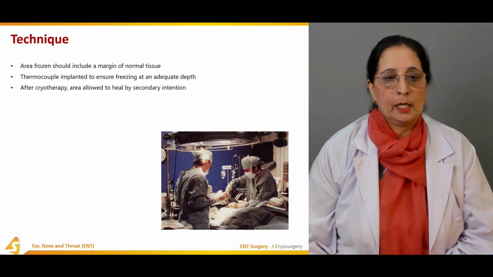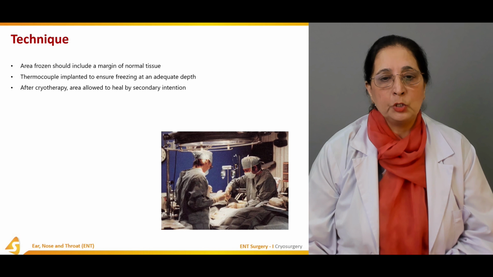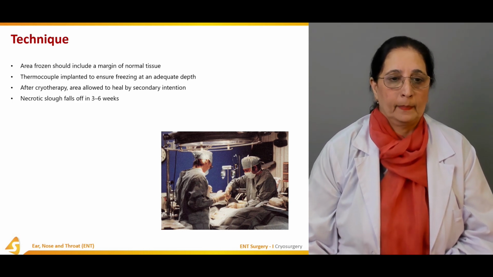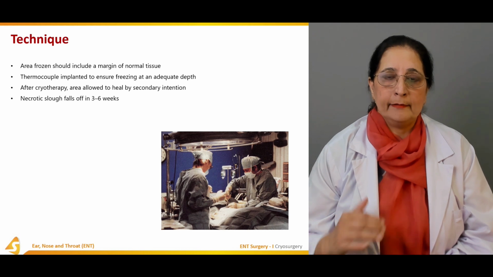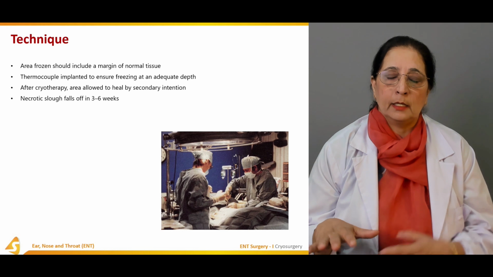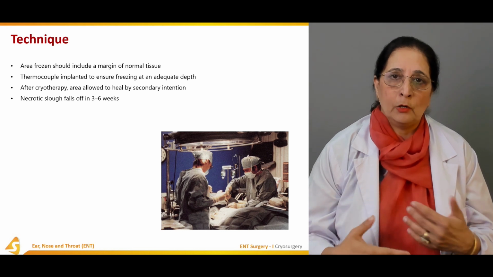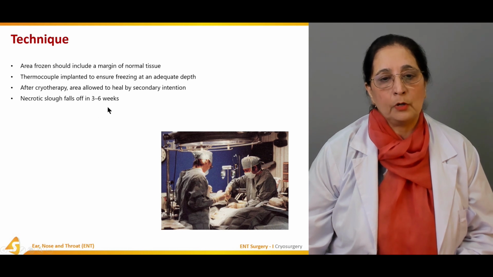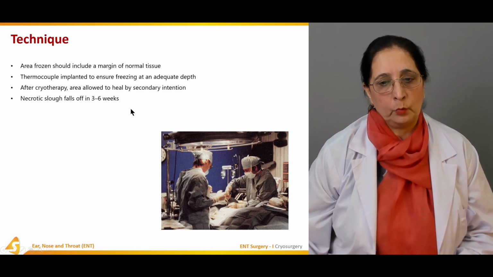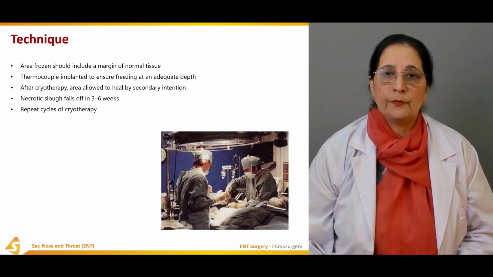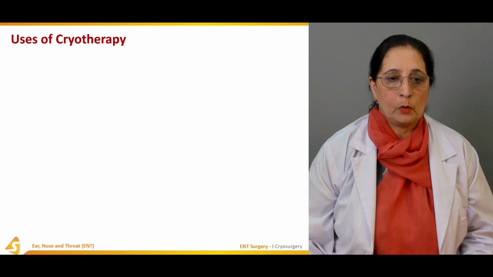After cryotherapy, the area is allowed to heal by secondary intention. So healing is by secondary intention, on its own by the normal natural mechanism. The necrotic slough falls off in 3 to 6 weeks. Repeat cycles of cryotherapy if required.